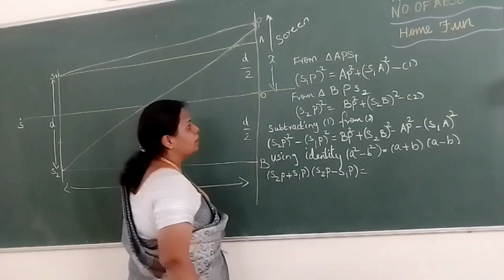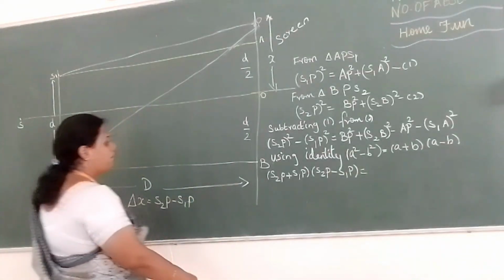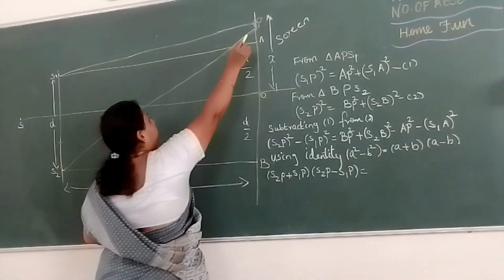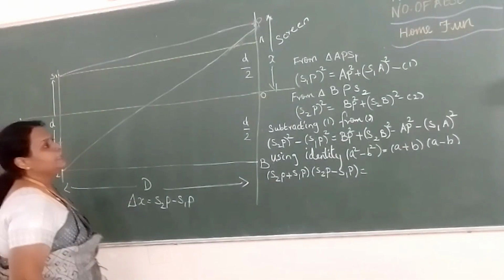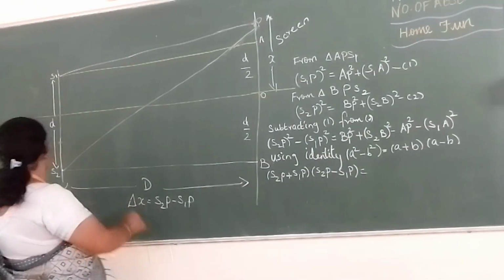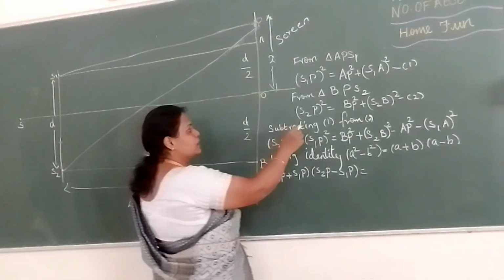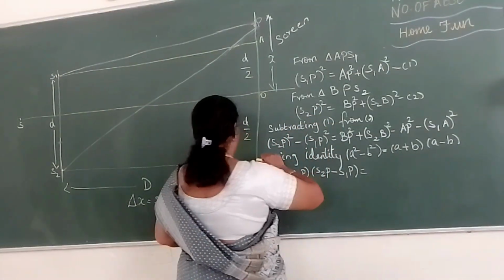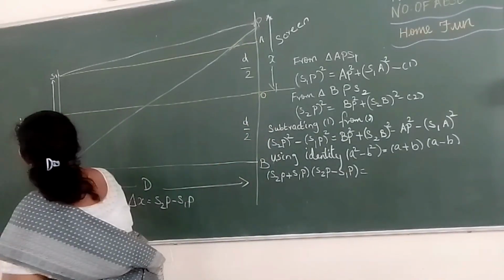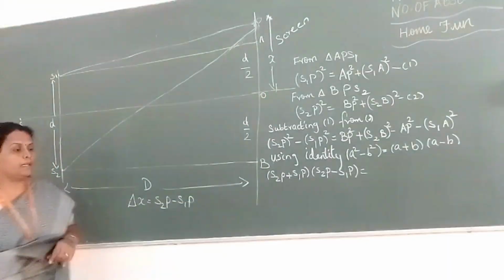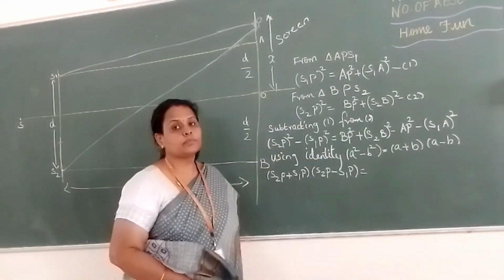S1A square. Then we are going to consider the triangle BPS2. Okay? In this triangle, the hypotenuse is S2P. So, S2P the whole square is equal to BP square plus S2B the whole square.